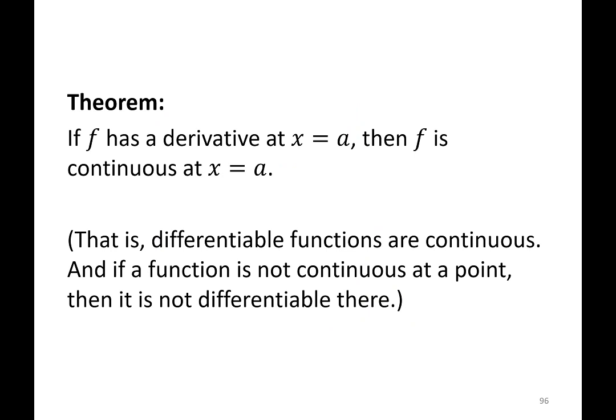All right, and this is related to the theorem that we're going to talk about and then prove, which is: if f has a derivative at x equals a, then f is continuous at x equals a. So if the derivative exists, then the function is continuous. Or in other words, differentiable functions are continuous. If that's true, then the contrapositive is also true.